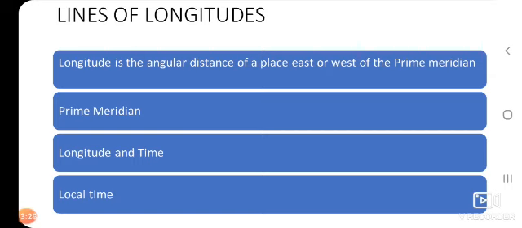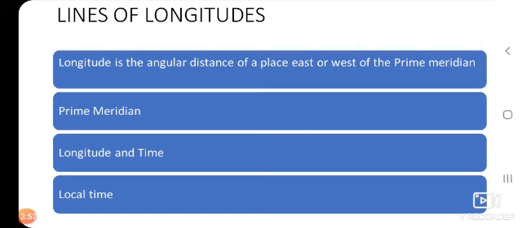Children, there are a total of 360 lines of longitude at 1 degree intervals, each 1 degree interval going both east and west, up to the full circle: 1 degree, 2 degrees, 60 degrees, 120 degrees, 179 degrees, and so on.